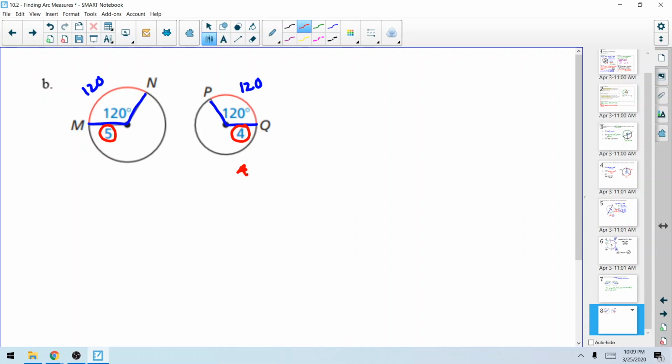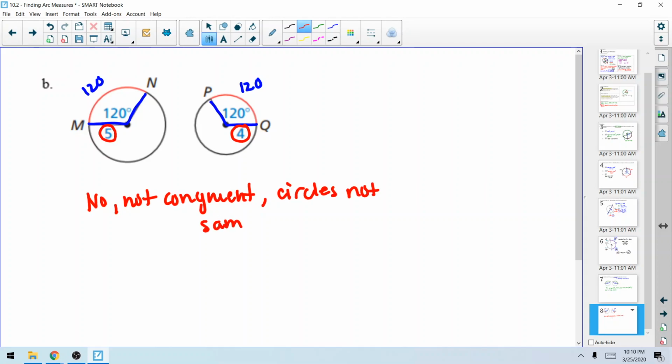This guy over here is going to have a smaller circumference and therefore a smaller section right there. So no, not congruent. Circles, not same size.